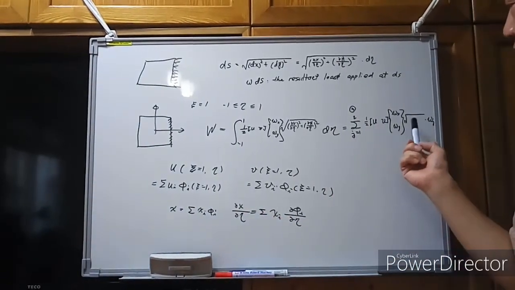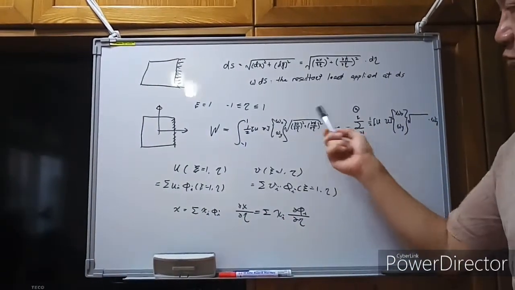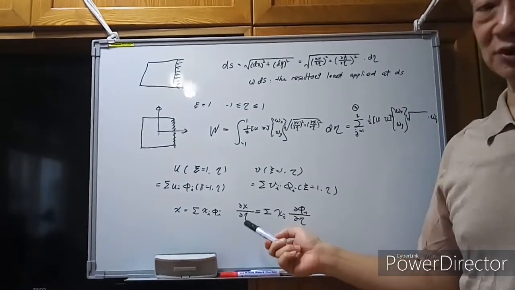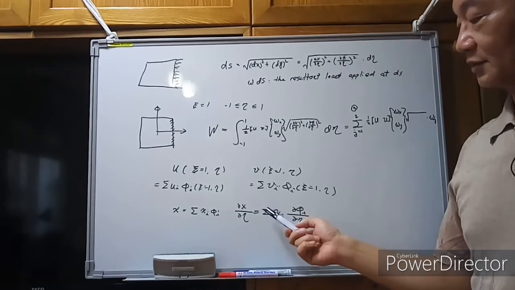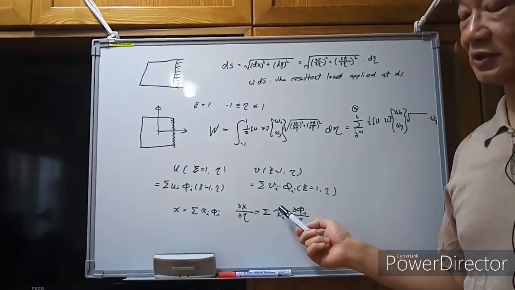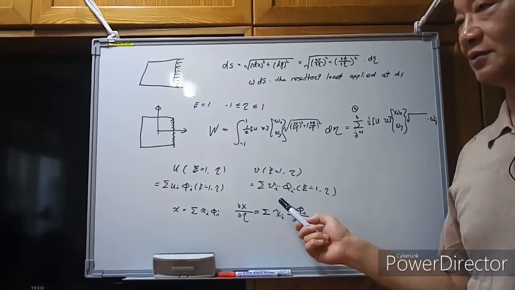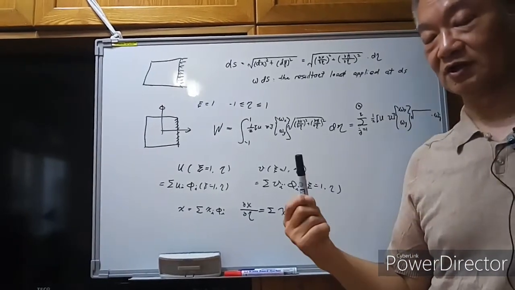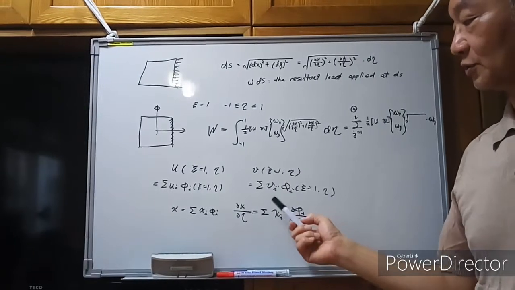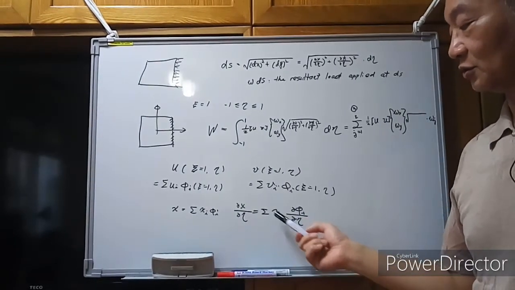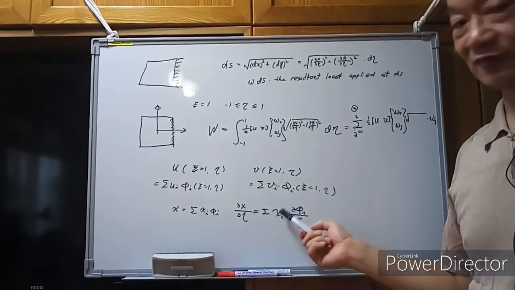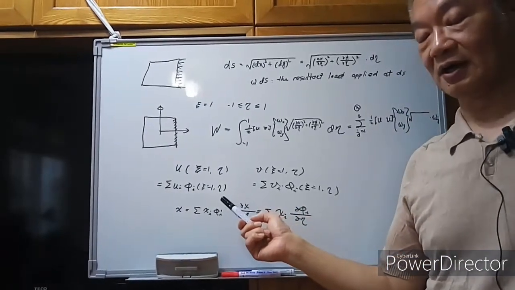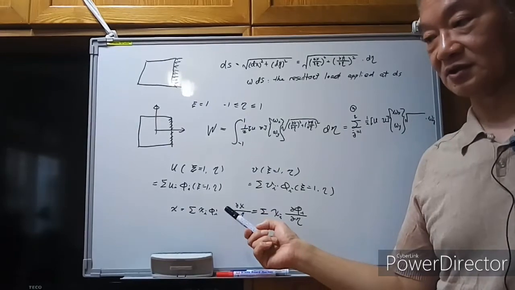But when we calculate this square root, we need to calculate the partial x to partial eta. Since the xi are known constants, and they are not functions of the c and the eta at all, you don't need to take partial derivative of the xi. But the phi is a function of the c and the eta.